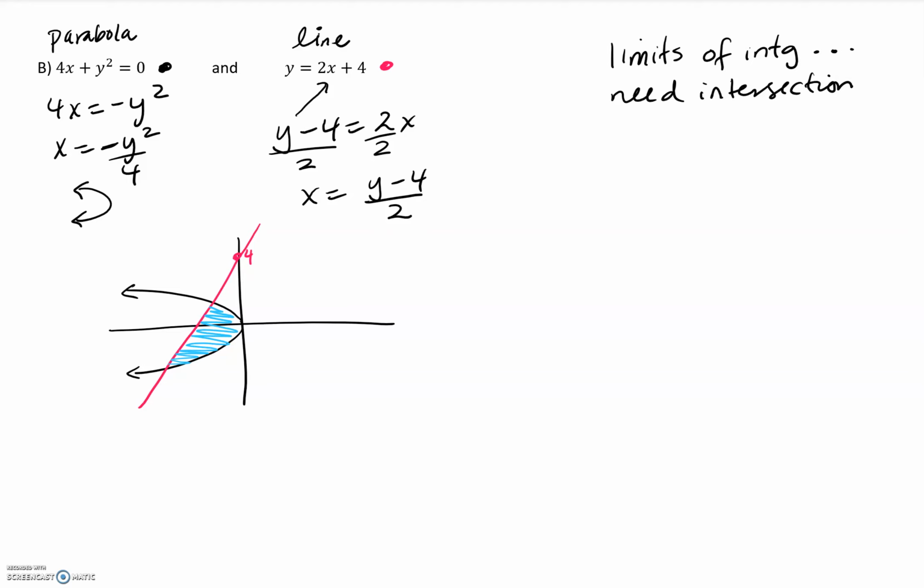Even from the graph, we can tell that it probably won't be a good idea to do a dx problem, because if I do a dx problem, my top is red and my bottom is black here. But when I get to this edge, my top is black and my bottom is black. So I'm going to have to split my parabola into two pieces. So why bother with that?